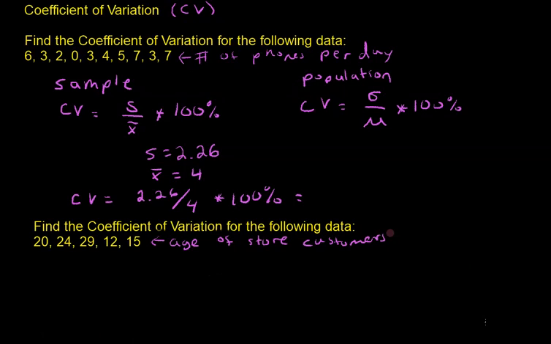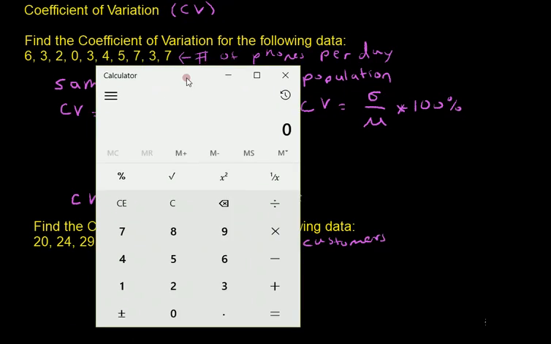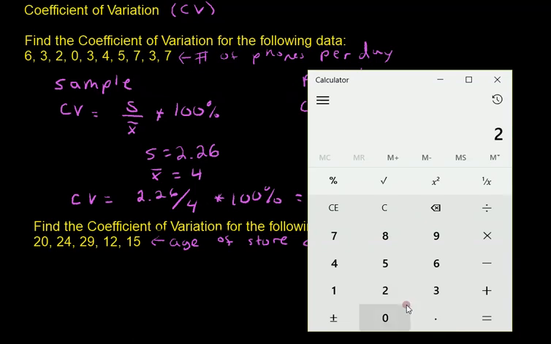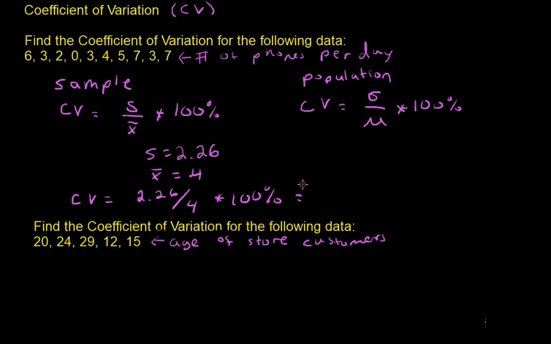Let's pull out our calculator. 2.26 divided by 4 times 100 is 56.5%. So the standard deviation relative to the mean is 56.5%.